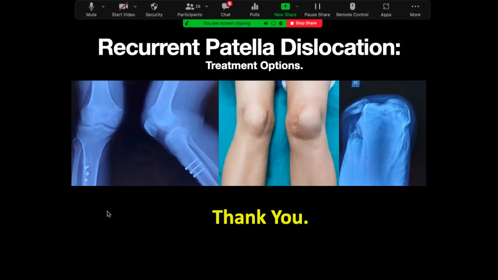I'm not a sports surgeon, that's my disclaimer, but recently my other brother Vivek sent me this case. This was a young mid-30s lady who had instability. She had a history of recurrent dislocation of the patella. The most recent dislocation was about 1.5 years ago, but she also had pain. So I was totally perplexed.